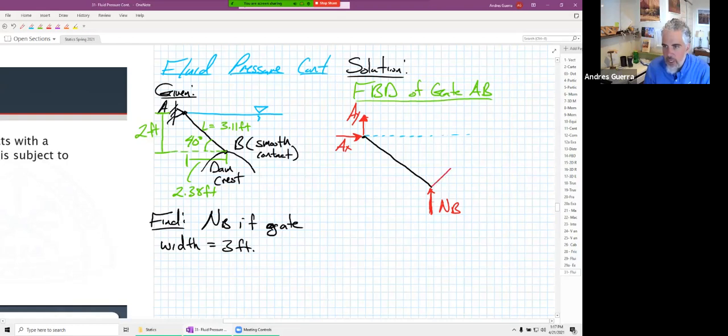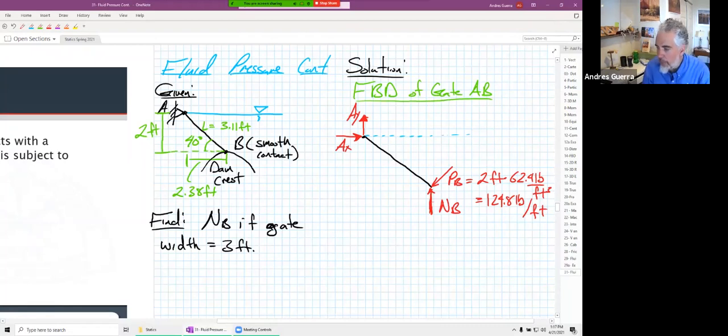And we also know that it's going to be normal to our surface. So the pressure at point B is going to be 2 feet times 62.4 pounds per cubic foot, which is the unit weight of water. And so we're going to end up with 124.8 pounds per foot.